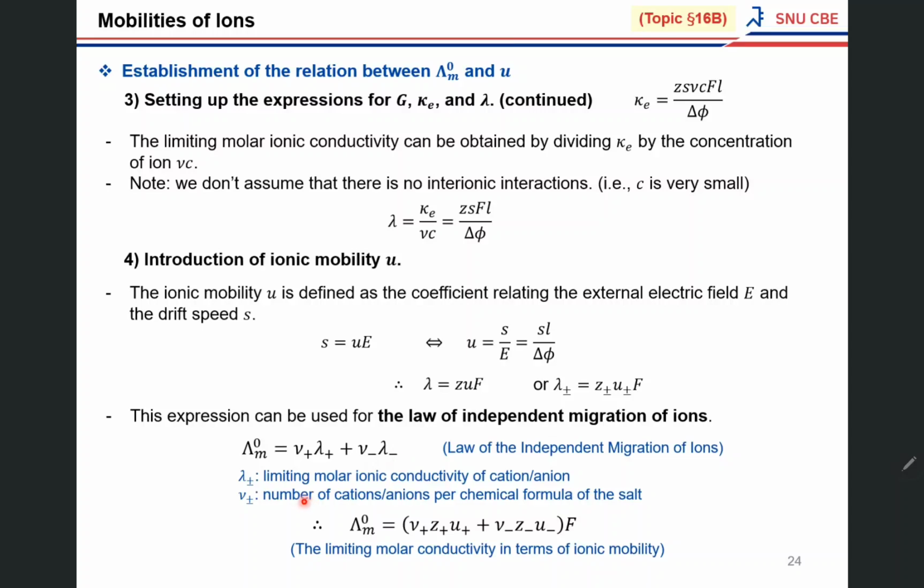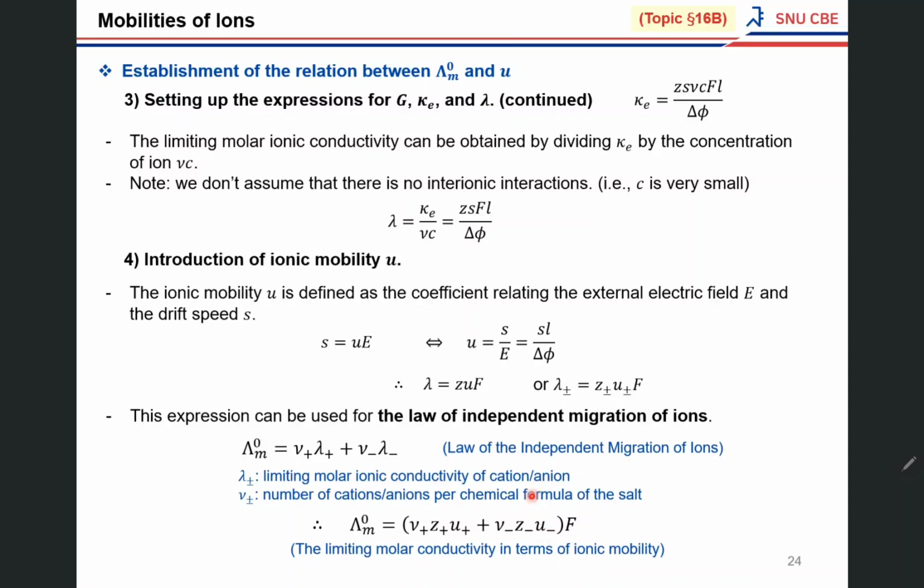If you substitute small lambda plus and small lambda minus with the expression based on the ionic mobility, then you reach this relation. Large lambda m, which is the limiting molar conductivity, equals the product of large F and the sum of nu z u of the ionic species present inside the liquid phase.